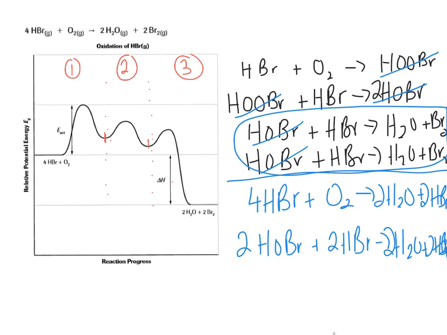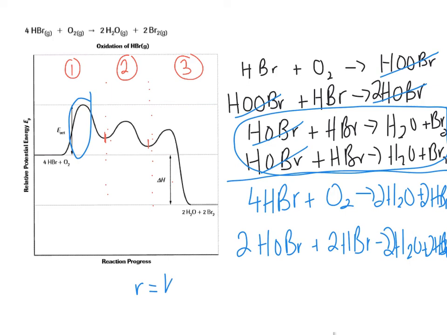So now I've got 3 reactions. And if that's the case, and the first step has the biggest activation energy, so it's probably going to be a rate determining step, because it takes the most energy to overcome to get that part to go.